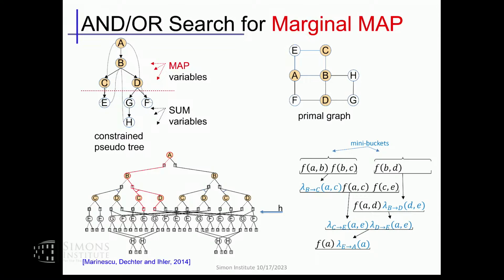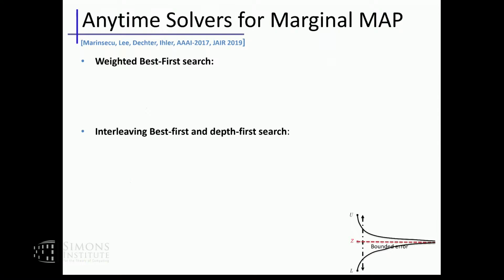So we now have the ingredients for heuristic search, and a lot of the work we have done since is to think how we can generate anytime algorithms, namely provide an answer immediately if necessary with a bound, but continue and have better and better solutions.